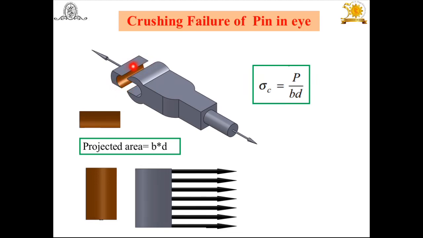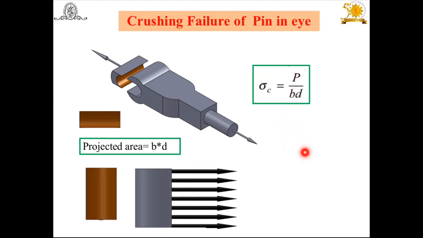Look at this. This is b, and this is small d. So the projected area is small b into d. Therefore the crushing stress induced in the eye because of this pin is sigma c equal to P by bd. By using this expression we can find the crushing stress induced in it. You can check it.